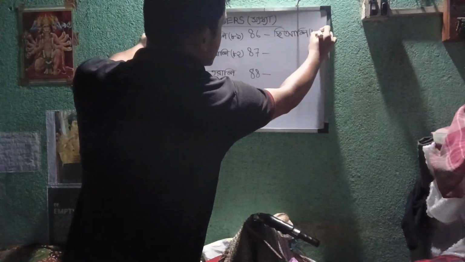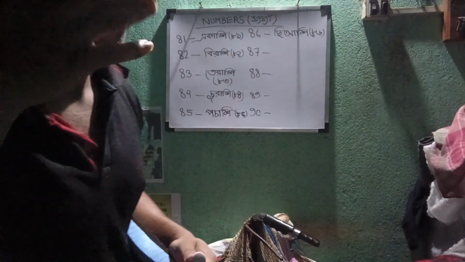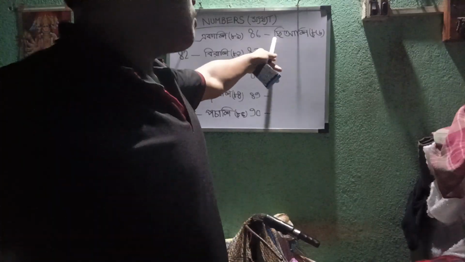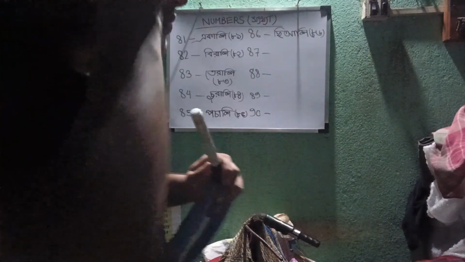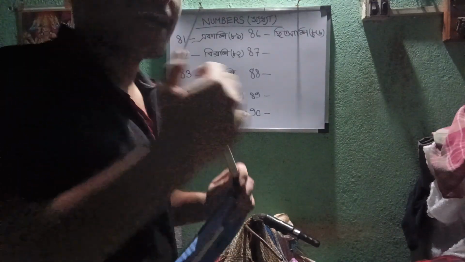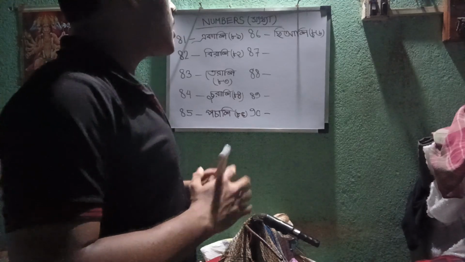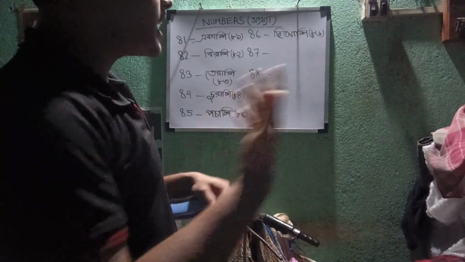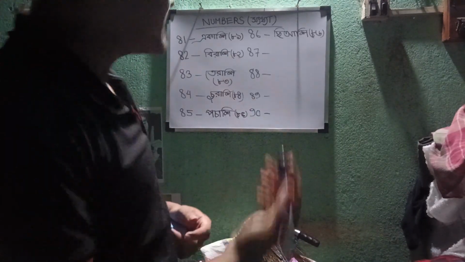So this is 8 and this is 6. But you can also write chhiyâshi, though the most popular way is chhiyâshi. So chhiyâshi or chhiyâshi, it means 86.